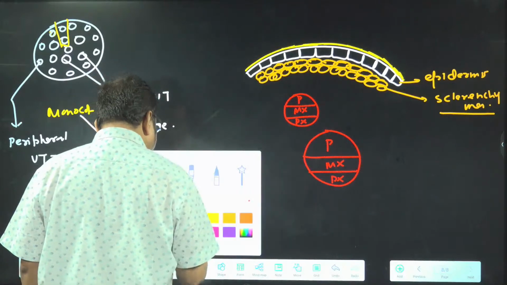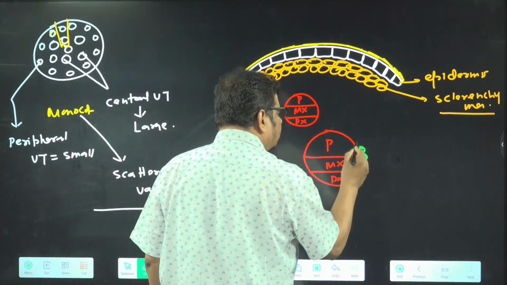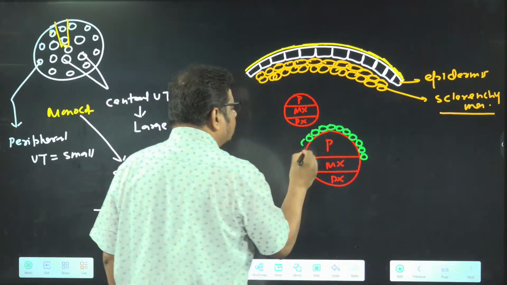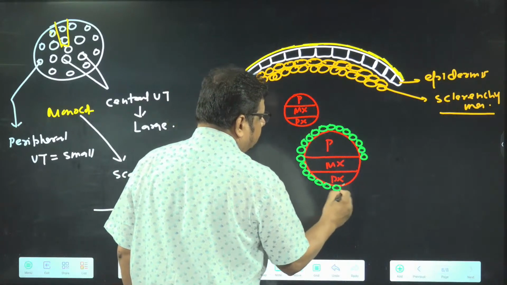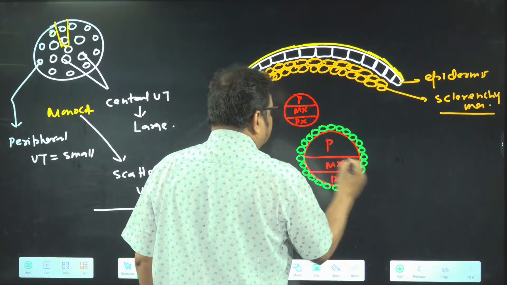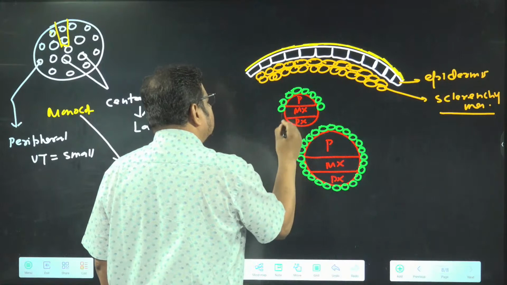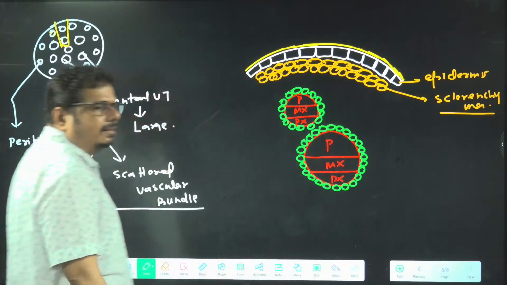And the vascular tissue is surrounded by a layer of sclerenchymatous cells that is called the bundle sheath. So the vascular tissue is surrounded by a layer of sclerenchymatous cells, called bundle sheath.